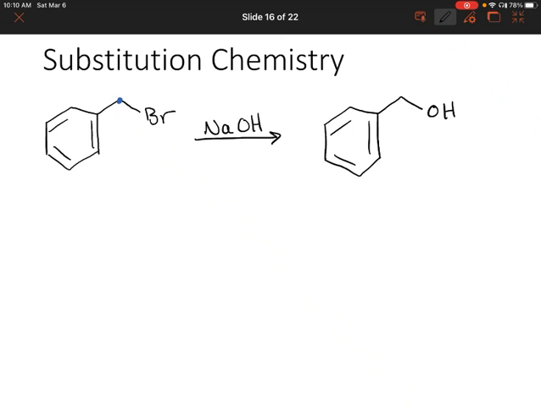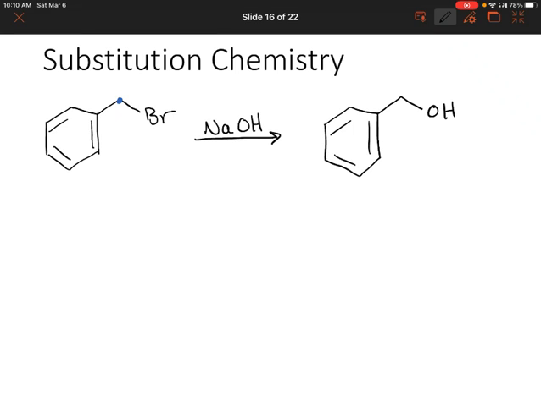So remember, with SN1, we would form a carbocation intermediate, right? So what kind of carbocation would we have? A primary, secondary, or tertiary carbocation? We would have technically a primary carbocation, but remember the benzylic position is stabilized by resonance.